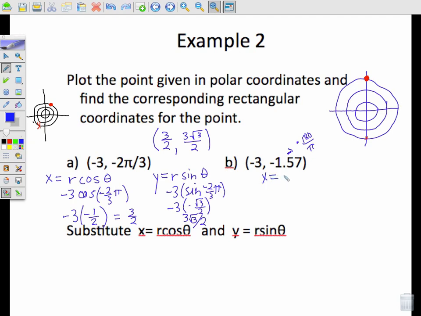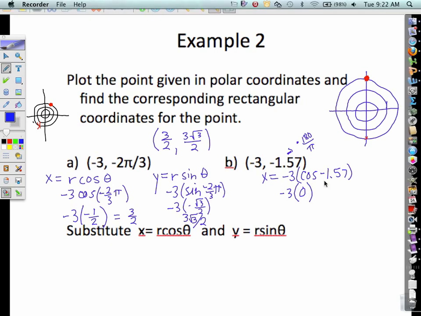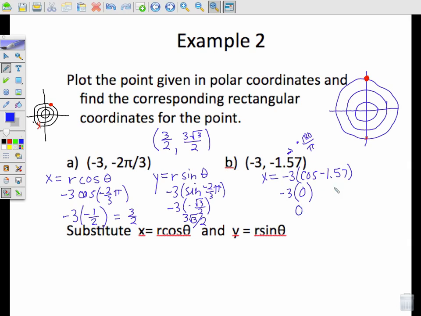All right, in order for us to find our x and y, x would equal r, negative 3, times the cosine of negative 1.57. Well, the cosine of negative 1.57 is 0. So we've got our x to be 0, and now we're going to do our y.